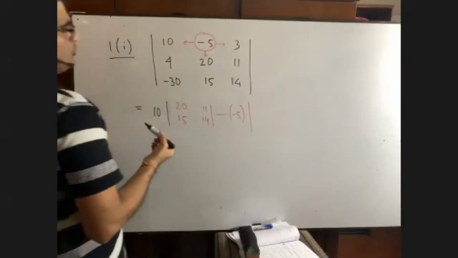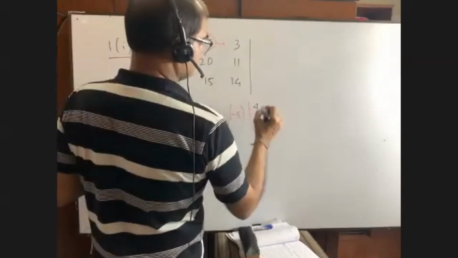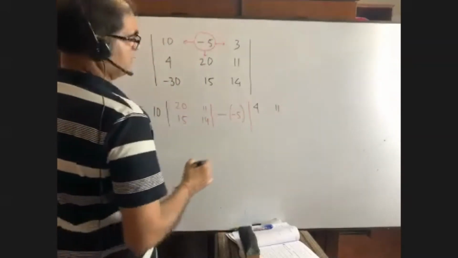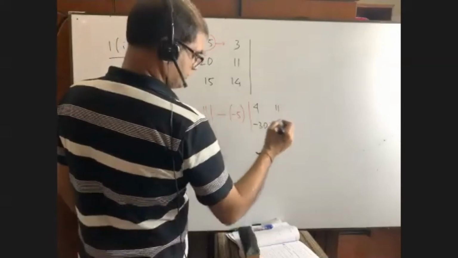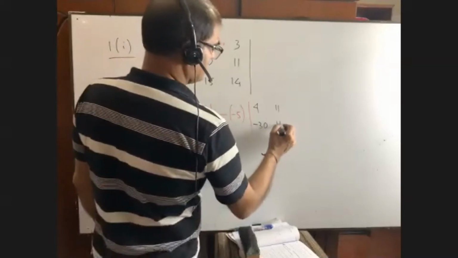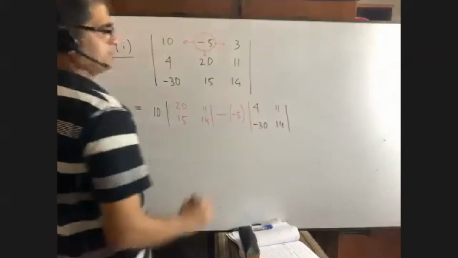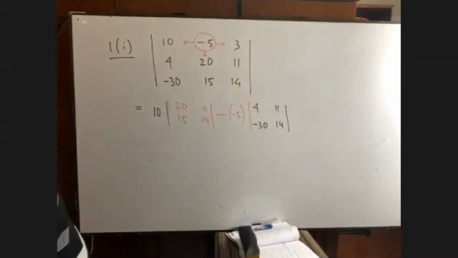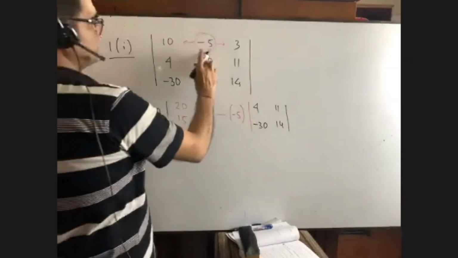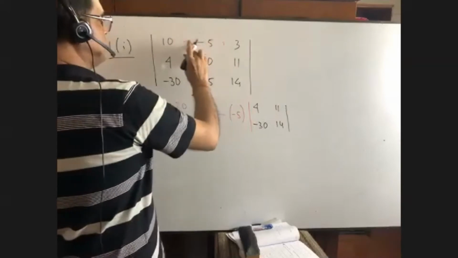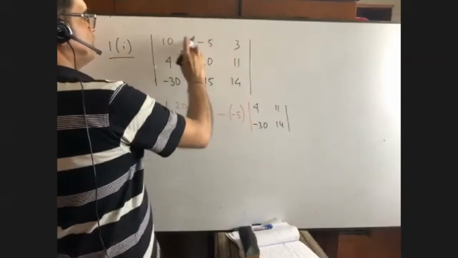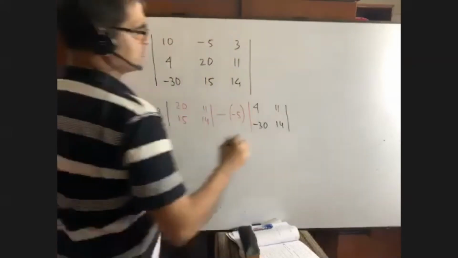So we are getting 4, 11, minus 30, and 14. And for the last entry of the first row, the position value is positive.